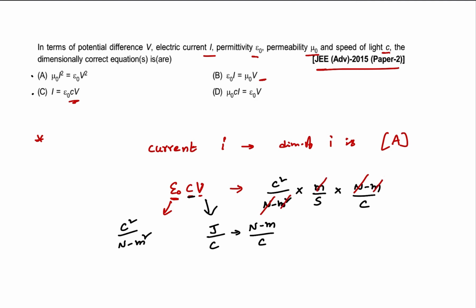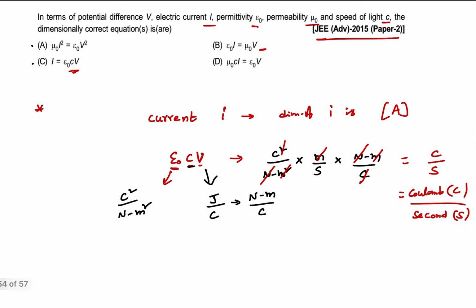You just observe that my Newton gets cancelled, meter square gets cancelled, and Coulomb also gets cancelled. Finally, I will get Coulomb divided by second, and Coulomb by second is nothing but my ampere.